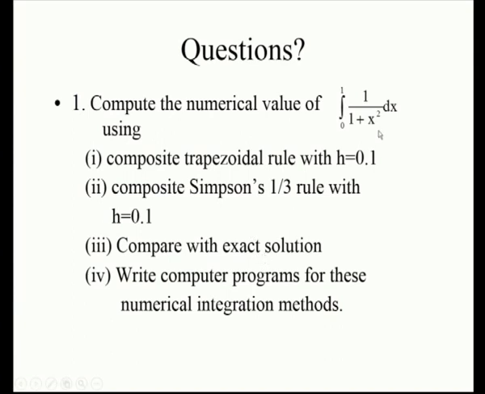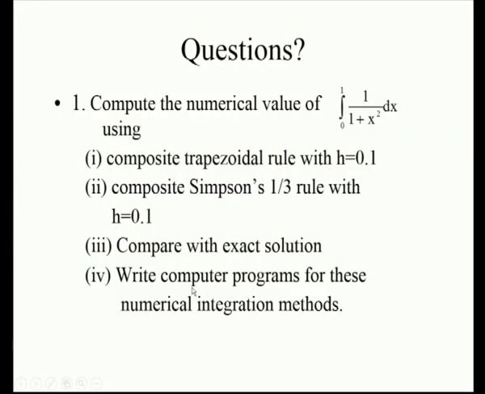What is the antiderivative of 1 upon 1 plus x squared? It is tan inverse of x, and evaluated between 0 and 1, it will give you pi by 4. That is the exact value, so compare with that. The students are also instructed to write a computer program based on the pseudocode for this evaluation of numerical integration.